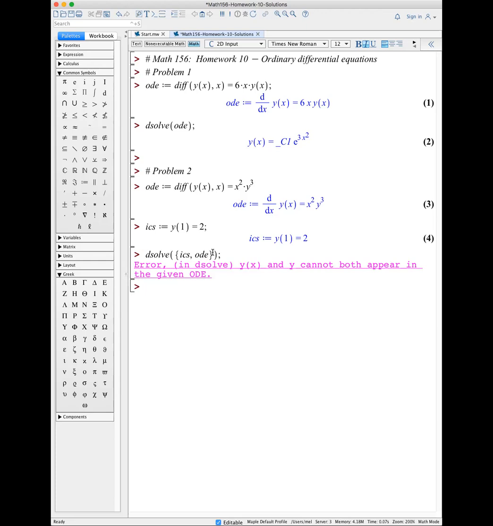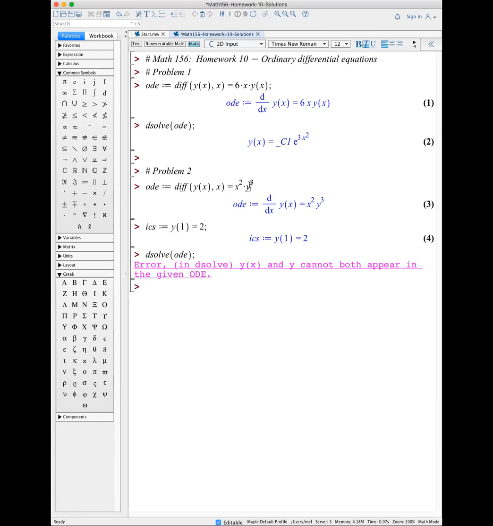Suppose I didn't have the initial condition. Sometimes you have to exit and go back in. So here, it works.